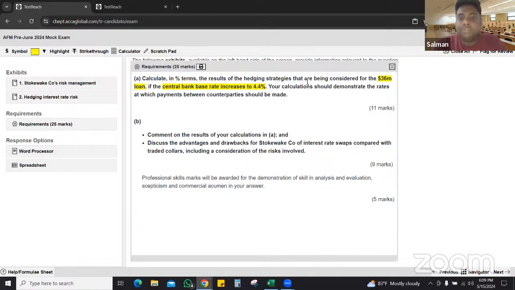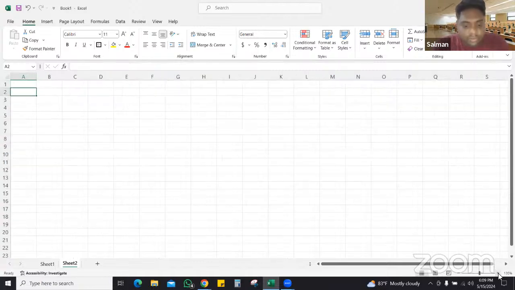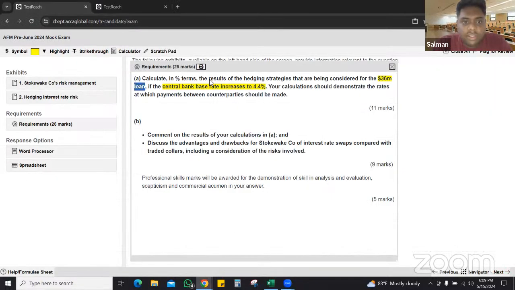All right. So based on the requirement, we can see that they will be taking a loan of $36 million, in dollars. If the central bank base rate increases to 4.4, since they're testing interest rate risk, we'll be borrowing on a future date. So on that future date, at the time of borrowing, the central bank base rate will be 4.4%.